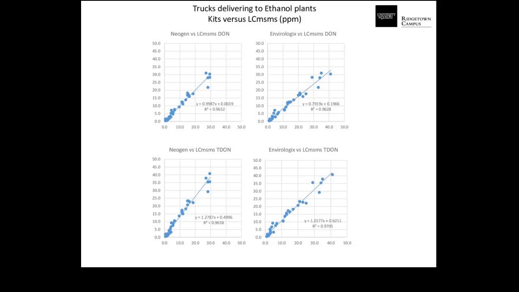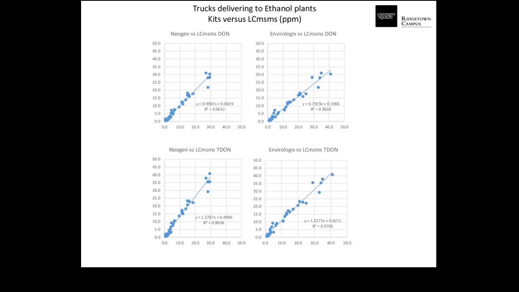And another way to look at this data is we plotted the test result for the Neogen test kit on the top left against the LC-MS result. And you can see that in the equation, the coefficient of X is almost 1.